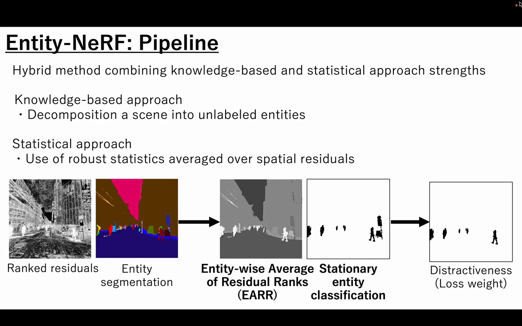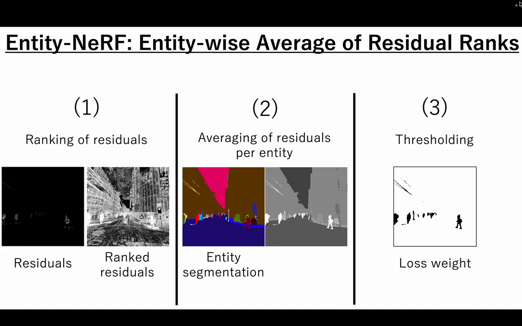Entity-NeRF consists of two technologies: entity-wise average of residual ranks, ER, which calculates the average residuals for each entity through entity segmentation, and stationary entity classification, which incorporates knowledge about consistently stationary backgrounds through thing-stuff segmentation. We propose entity-wise average of residual ranks, ER, a statistical process that makes determinations about whether an object is moving or not on an entity basis, rather than individual pixels or patches.